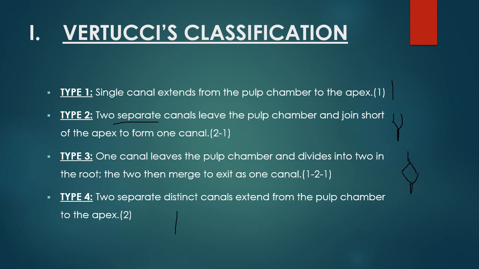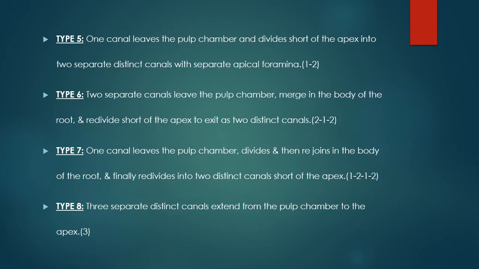Type 4 is two distinct canals from the floor of the pulp chamber to the root apex. Type 5 is one canal from the floor of the pulp chamber which gets divided into two openings, short of the root apex.